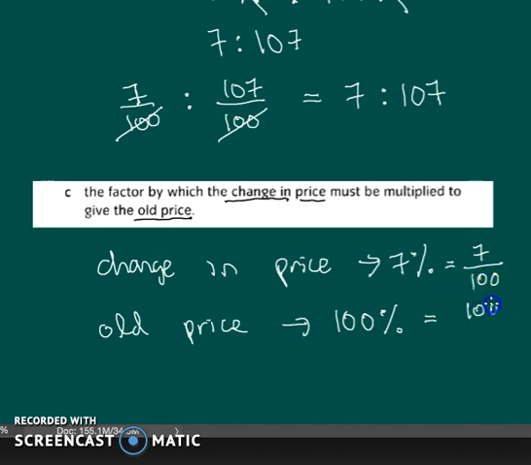So 100 over 100. So the question is asking basically, what do we need to multiply the change of price by in order to get back to the original price?